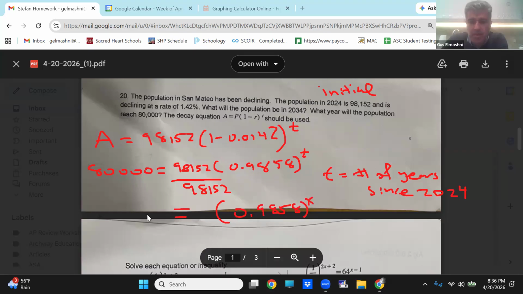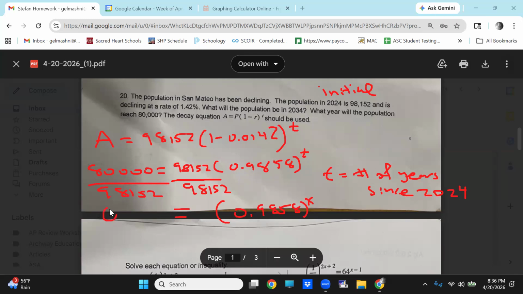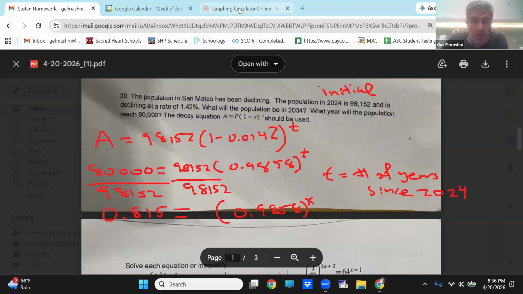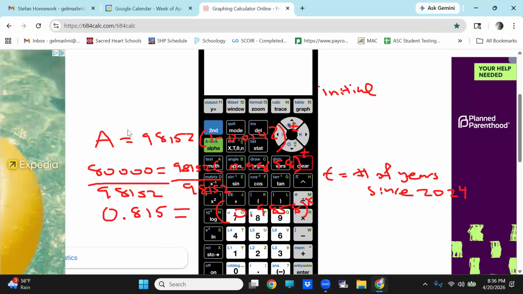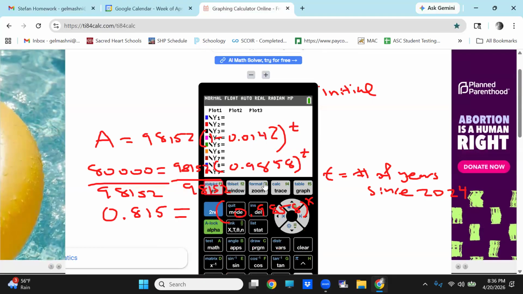Let's change the t to an x and divide by this, whatever that is, which is 0.815. Now, how would you solve this? You could graph each side separately.